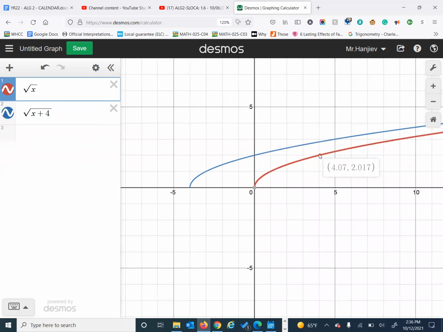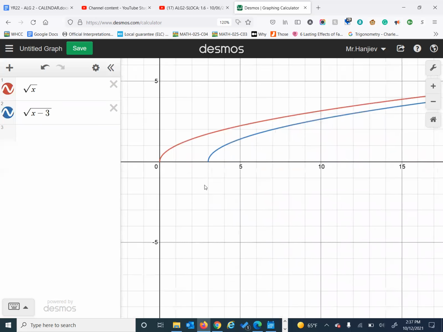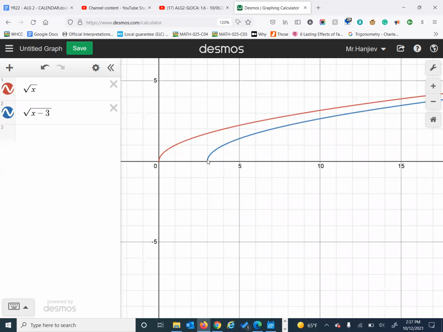Let's see, 4, 2 went 1, 2, 3, 4 back. Now that one's actually 0, 2. So notice it's affecting the x values. Okay, so let me change it around. What happens if I were to subtract 3? Subtract 3 from the function. Now it's over here. Okay, so that's the vertical shifts and horizontal shifts.